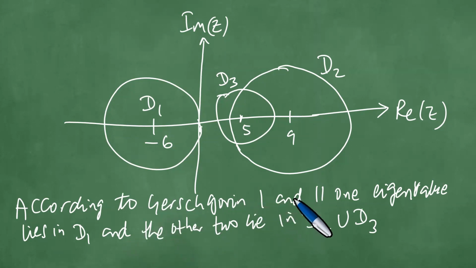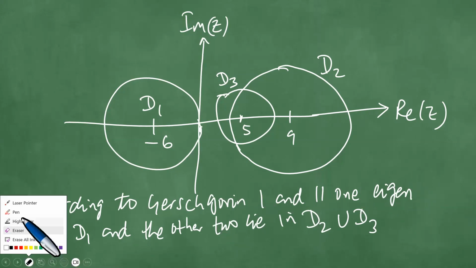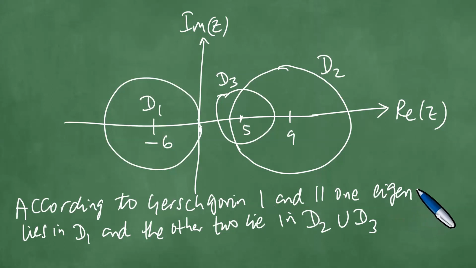According to Gerschgorin theorem 1 and theorem 2, one eigenvalue lies in disk 1 and the other 2 lie in the union of the disks.